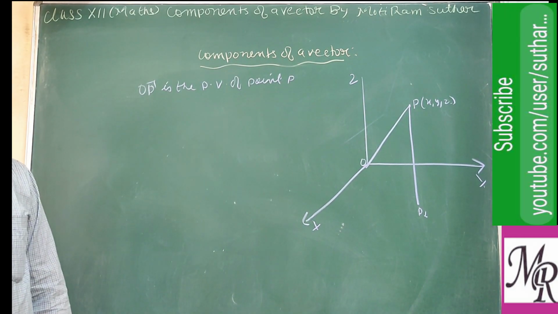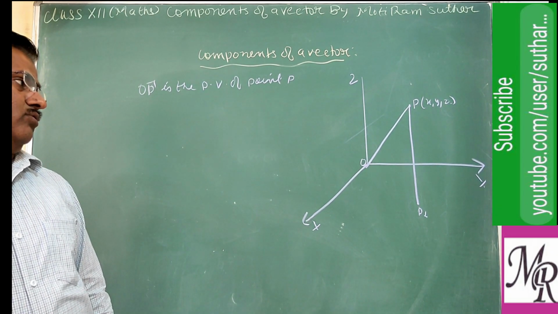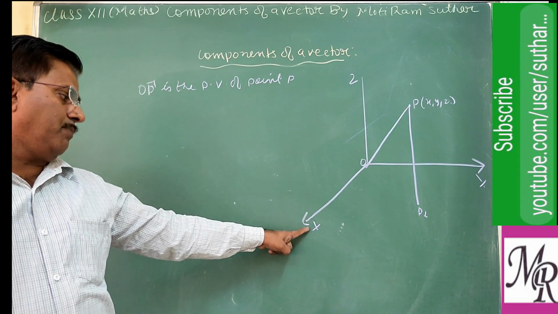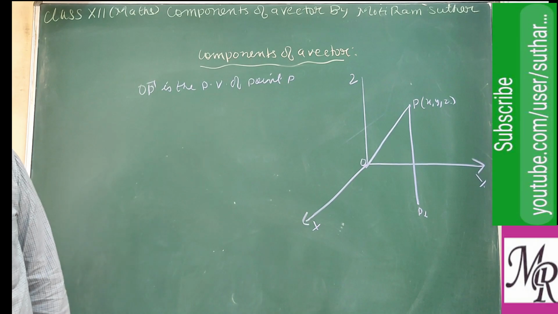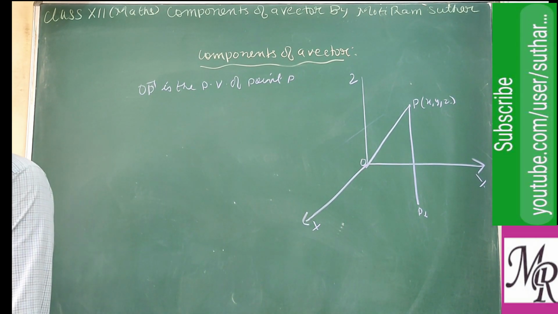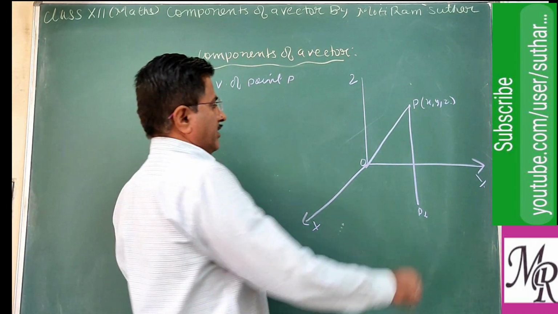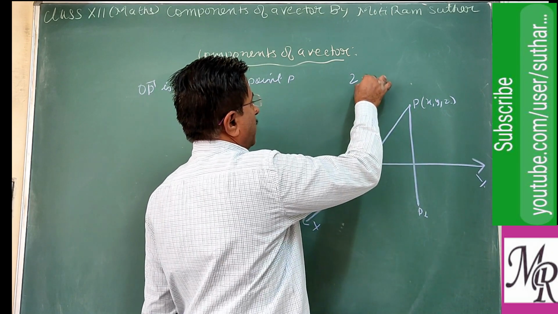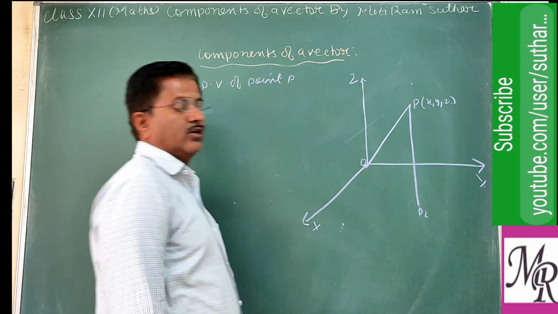Now let P1 be the foot of the perpendicular drawn from point P on the XOY plane. What is P1? P1 is the foot of the perpendicular drawn from the point P to the plane XOY. Clear? And now we see that P1P is parallel to Z. If you see the figure, P1P is parallel to the z-axis.